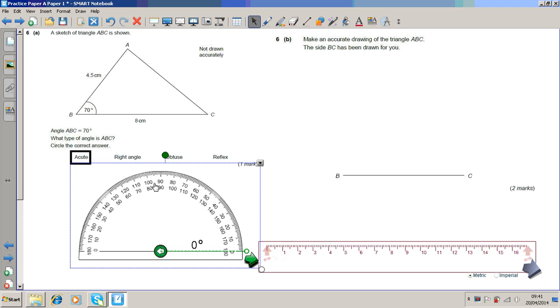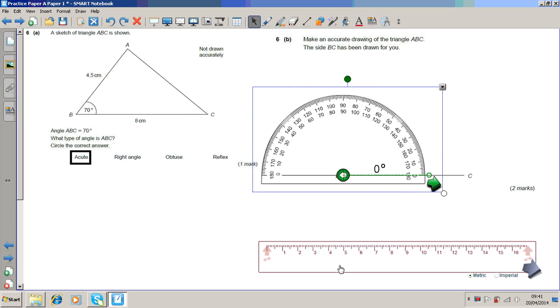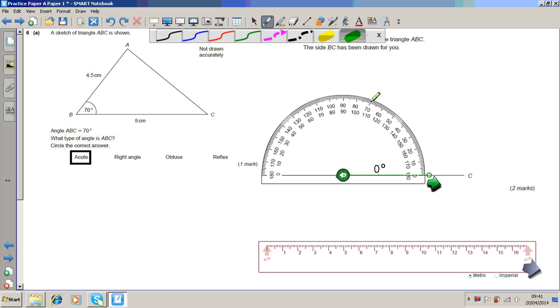So I can get rid of the protractor now. Oh, lost my mark. So 70 degrees is there, so that's the line that we're going to go through.